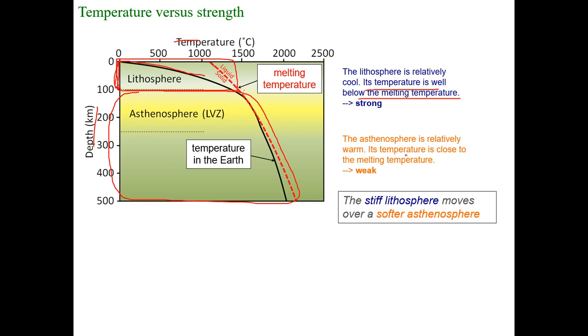Okay? So the asthenosphere is relatively warm, but the essential difference between asthenosphere and lithosphere is not one of temperature. Okay? So if I ask you on the test, what's really the difference between asthenosphere and lithosphere? It's not the temperature, okay? It's the mechanical properties.